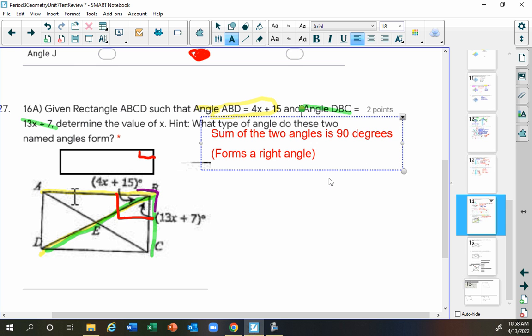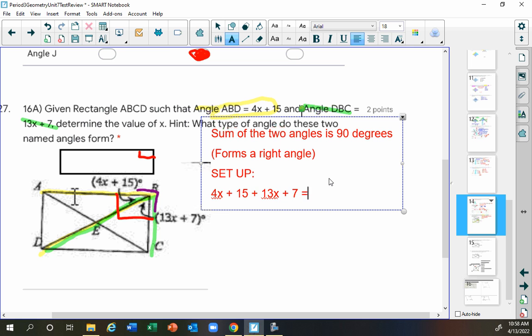So, what would be the setup for this problem? What must the sum of those two angles add up to be? 4x plus 15 plus 13x plus 7. What's the sum of those two angles?